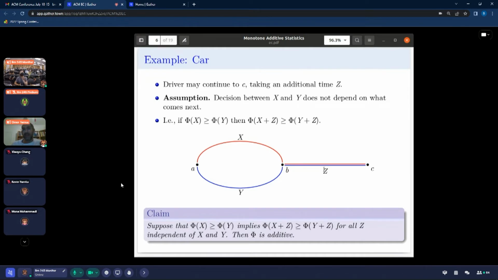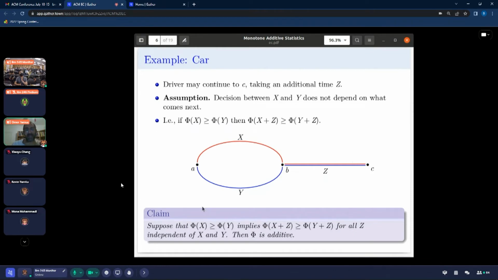And the idea is that additivity corresponds to the decision of whether I'm going to take X and Y being independent of whether or not I'm going to continue afterwards to C. So if I just go from A to B, imagine I choose X, I should also choose X if afterwards I have to go from B to C. That's what additivity says, and that's what this claim says.